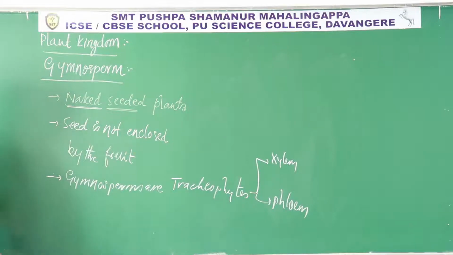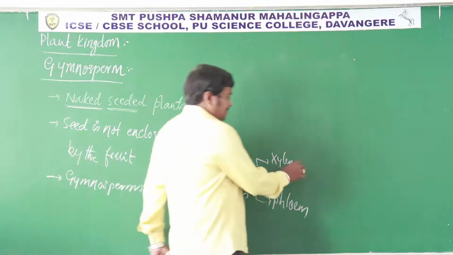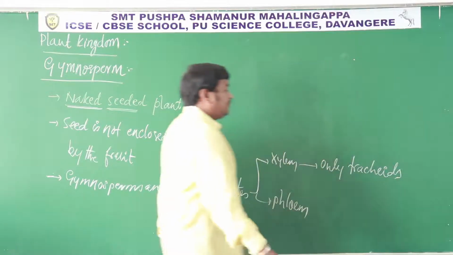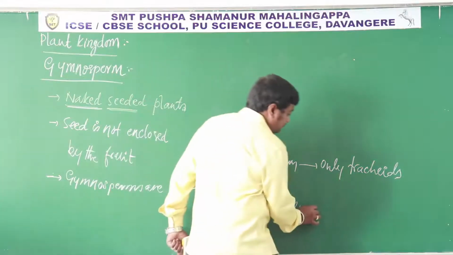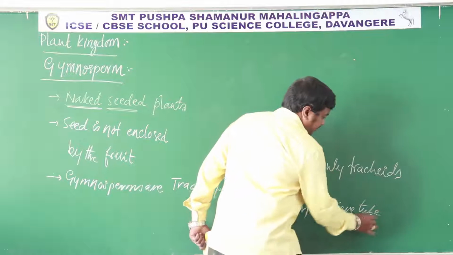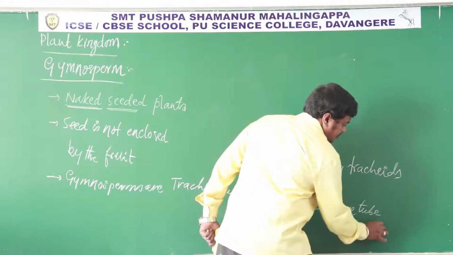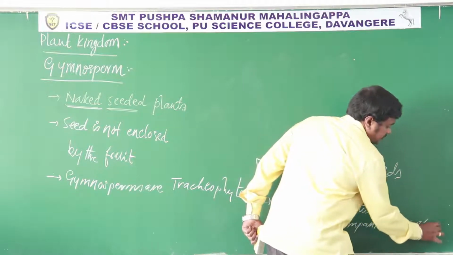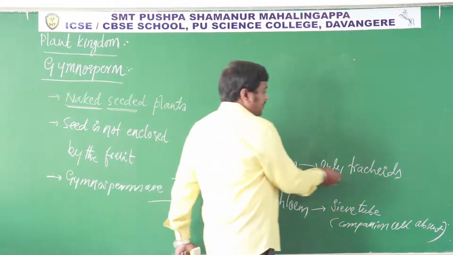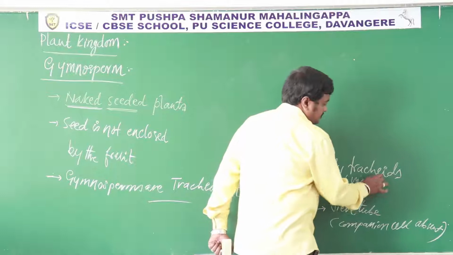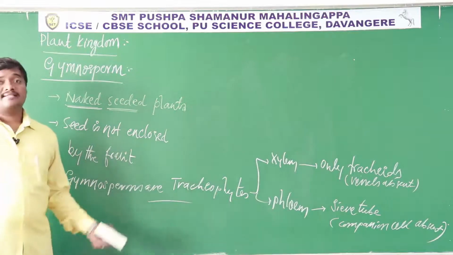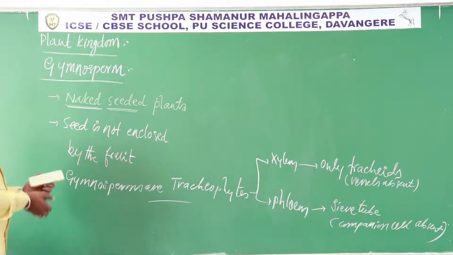In xylem they have only tracheids, and in phloem only sieve tubes are present, companion cells are absent. So when compared to angiosperms, in gymnosperms xylem contains only tracheids, that means vessels are absent, and in the sieve tube only sieve tubes are there, companion cell is absent. So this is with respect to the anatomy of gymnosperms.